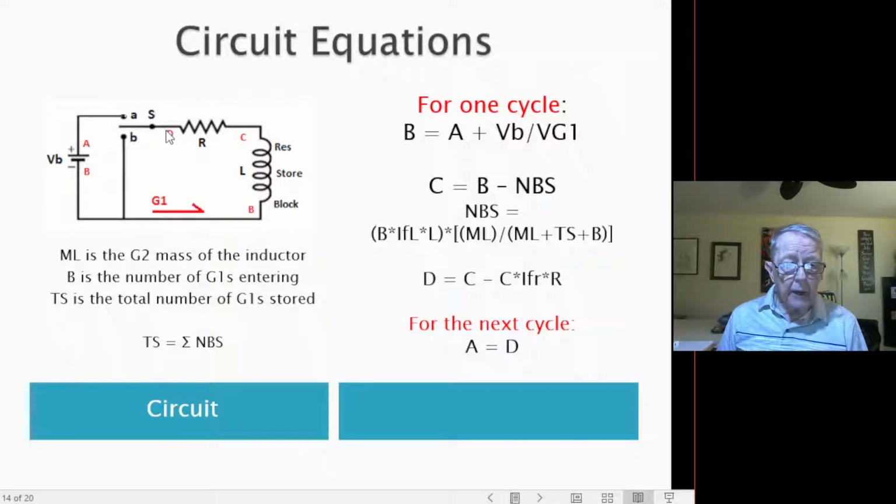When you calculate D, that's the end. And now when you start the next cycle, the A of the next cycle is equal to the D of the previous cycle. This represents one line in the spreadsheet. This represents how you start the next line, and you go through the same equations over again.